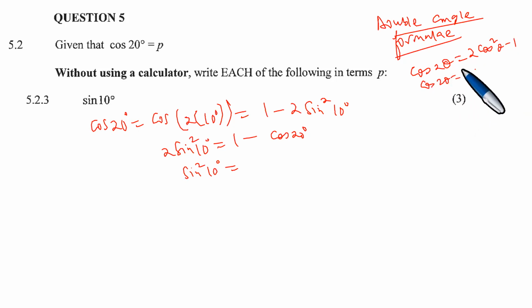Cosine 2 theta is also 1 minus 2 sine squared theta, which is also cosine squared theta minus sine squared theta.